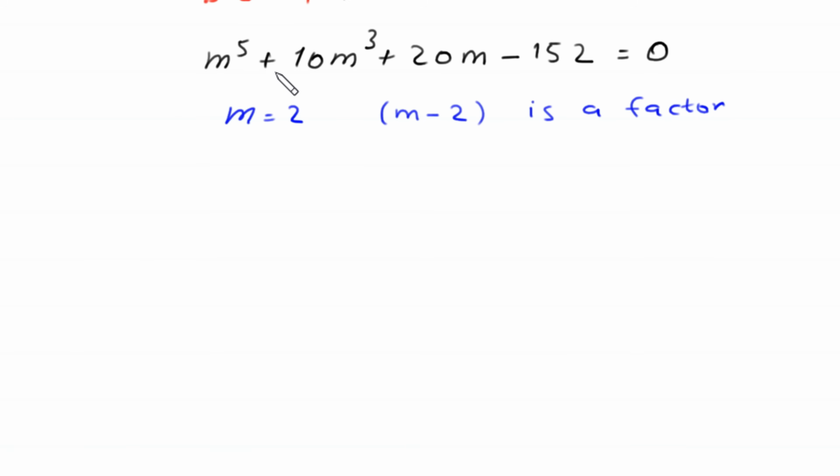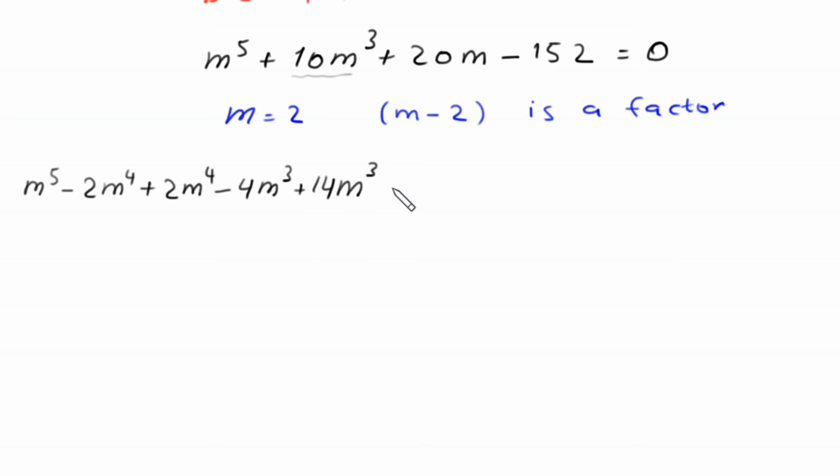So we rewrite this expression at the left hand side as m to the power 5 minus 2m to the power 4 plus 2m to the power 4. We added and subtracted 2m to the power 4, and we write this 10m cubed as negative 4m cubed plus 14m cubed.